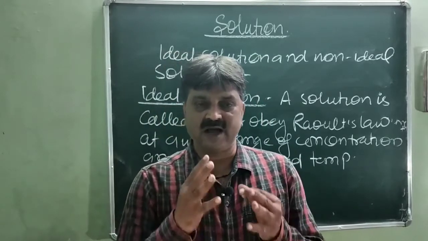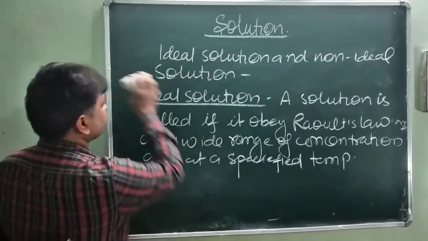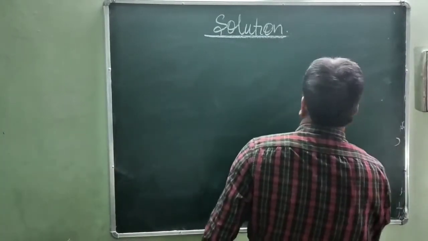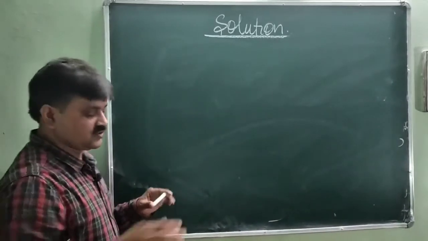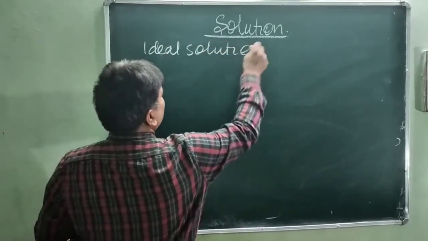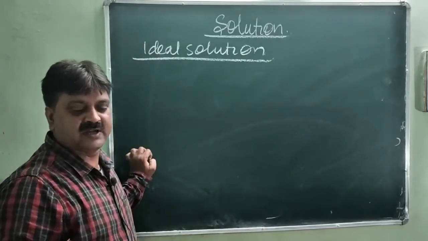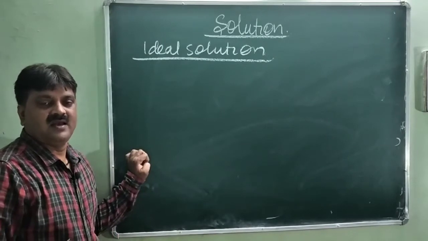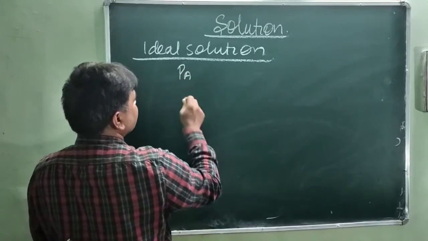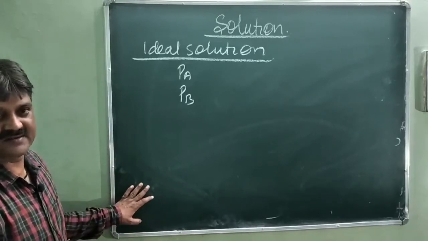So when we are plotting a graph between the mole fractions and the vapor pressure for the ideal solution, just like the two components A and B dissolve into each other to form a solution, A exerts the partial vapor pressure PA and B exerts the partial pressure PB, then the total pressure you can get.